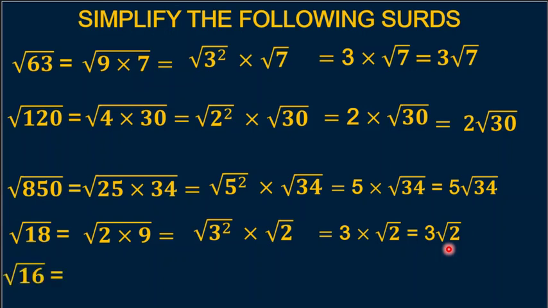Finally, square root of 16, right? 16 is 4 times 4, or 4 squared. And then that means when this one cancels this, we have just 4, which goes to tell that the square root of 16 is not a surd.